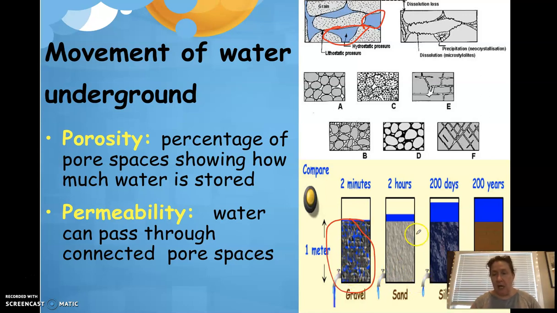It's going to run fast versus sand, from the sand, silt, and clay. Sand is the largest particle of those three, 2 hours for it to pass through. And then look at this with the clay. This is phenomenal. 200 years for water to actually pass through, depending on the level up there. So that's probably, in comparison to the 1 meter, maybe a fourth of a meter.